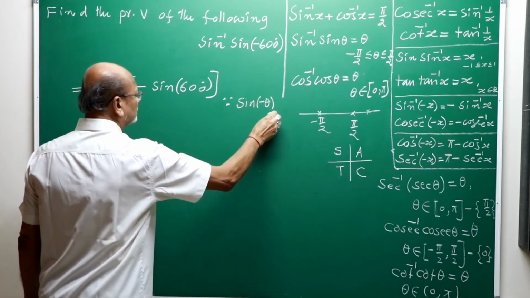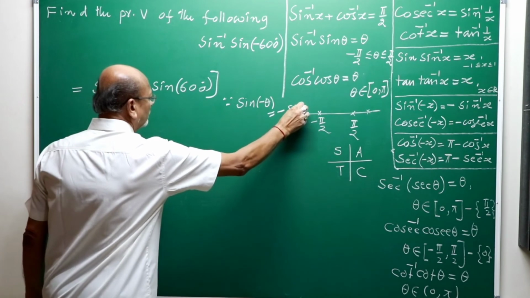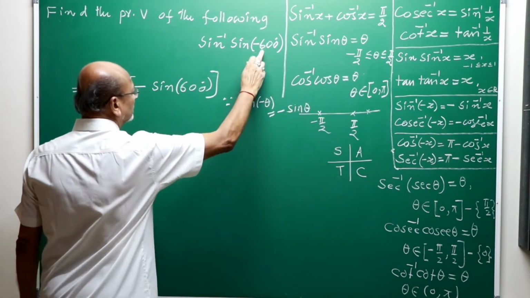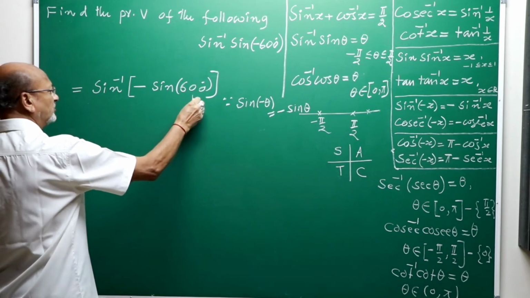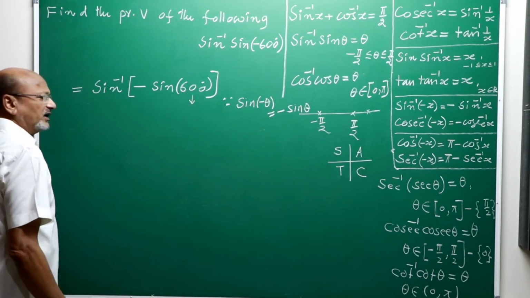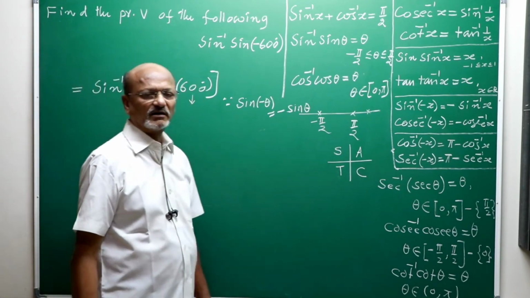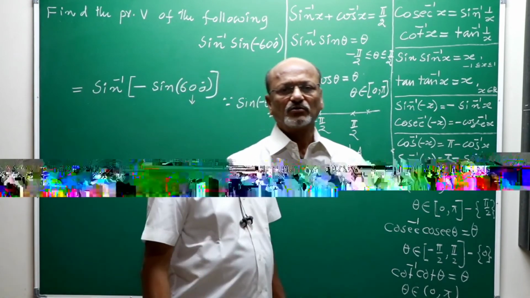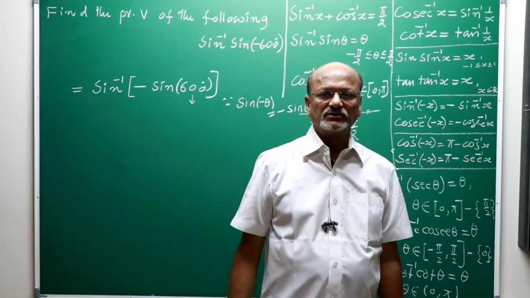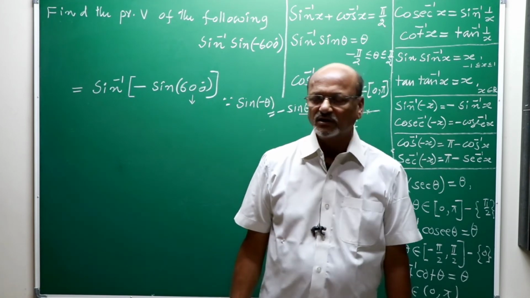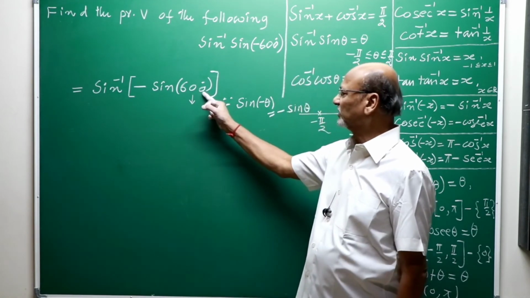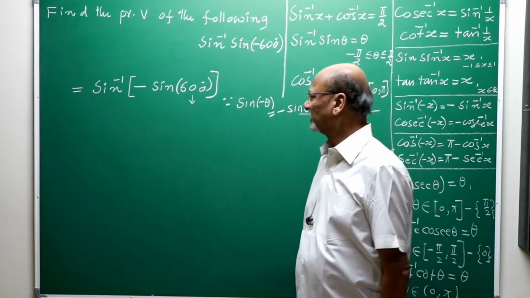Minus. Next what? You have to divide this by 90. If you divide this by 90, tell, what is the quotient? 6. 90 into 6 is 540. 540 plus 60 will be 600.